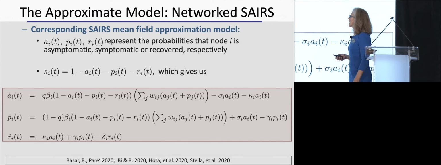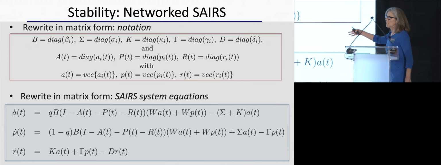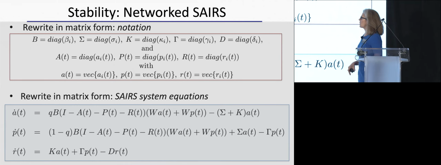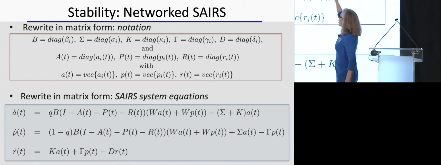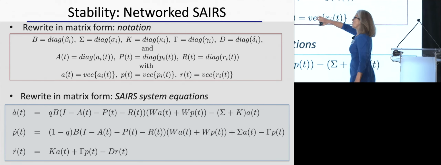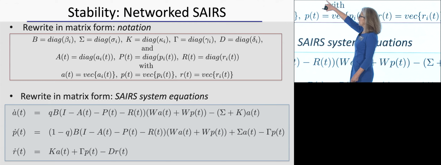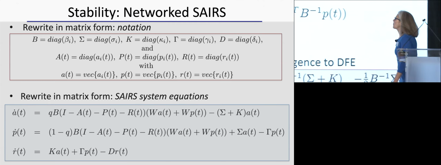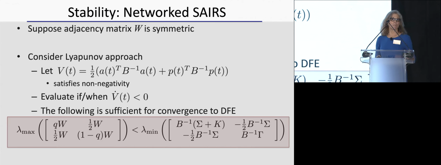It gets pretty hard to write, so just again some notation. We put it into matrix form. Basically, we're just stacking all these equations up together, and all our parameters are now in diagonal matrices. I should say we also allow for heterogeneous rates, so the nodes can have possibly differing parameter values.